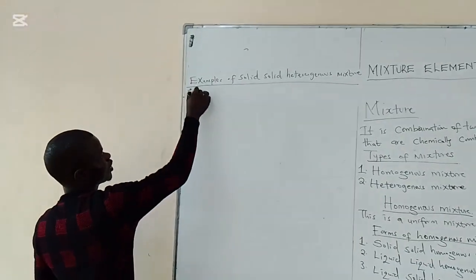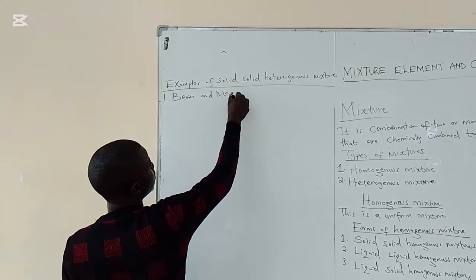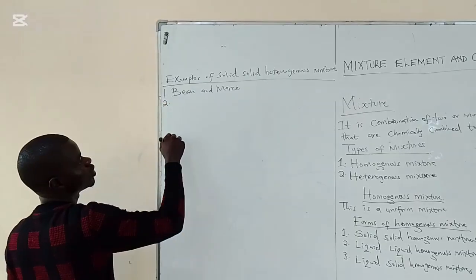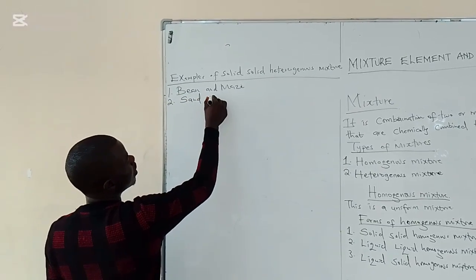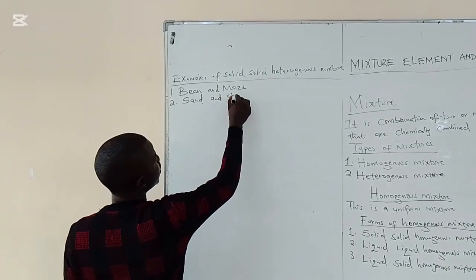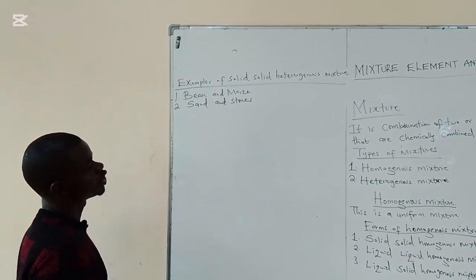One, beans and maize. Number 2, you can talk of sand and stones, and so on, if we're talking about solids.